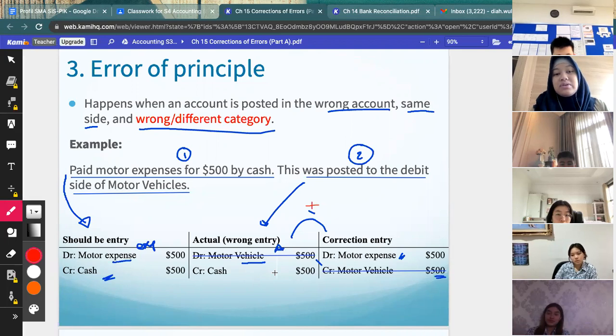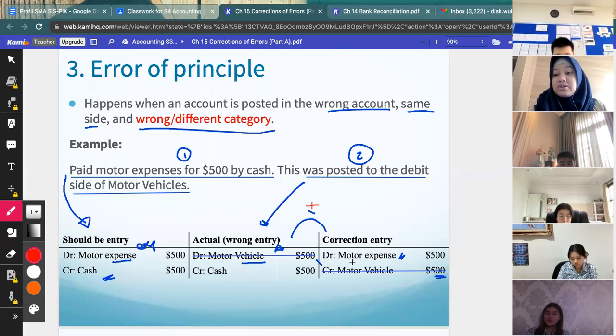When you are doing entry with accounting software, you cannot trace back the transactions that you made before. So in order to correct an error that you made previously, days or months before, you have to make a correction entry. And this correction entry will cancel what you have done before so that it becomes correct.